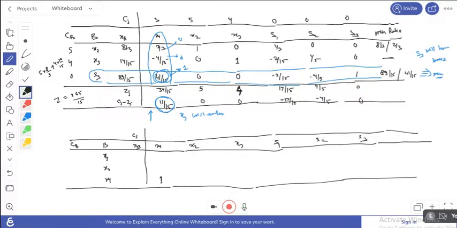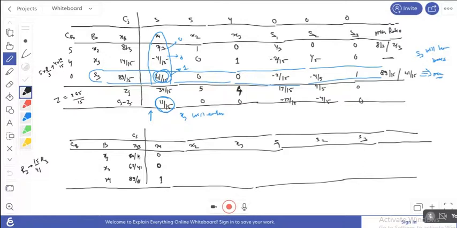Okay, so this value is 89 by 41, with 15 by 41. You make the row operation, you make this 0 and this 0. 62 over 41, and this is 50 over 50, this is 5.